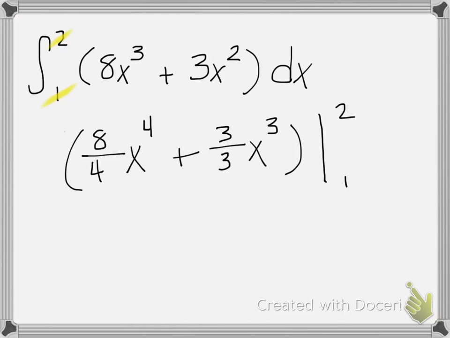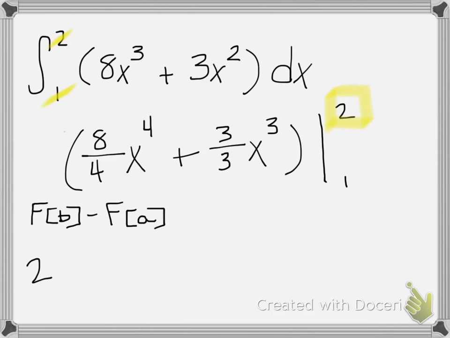Alright, so now we just do our f of b minus our f of a. So we just plug those in. So we're going to have 2, because 8 divided by 4 is 2. And then we're going to have our b right over here, which is 2.